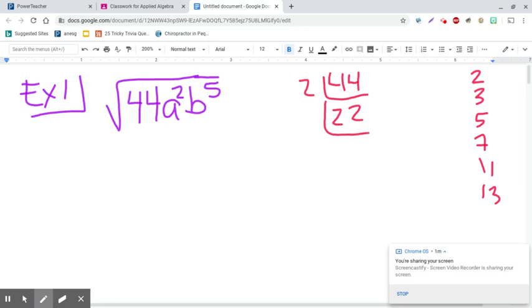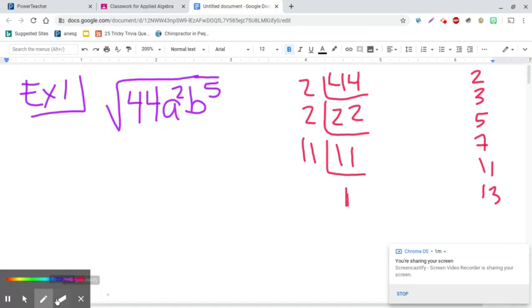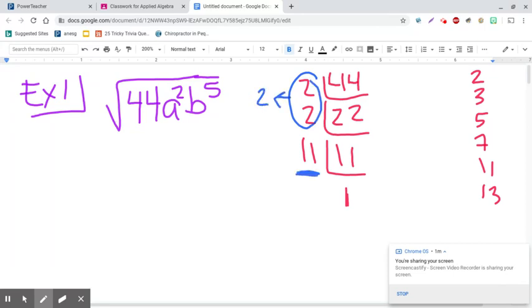Now, what goes into 22? 2, so even again, which gives me 11. Now, what do we know about 11? 11 is prime, so the only thing that goes into 11 is 11, which gives us a 1 left over. That means our match is the 2's that are going to come out, and the 11 will stay in.